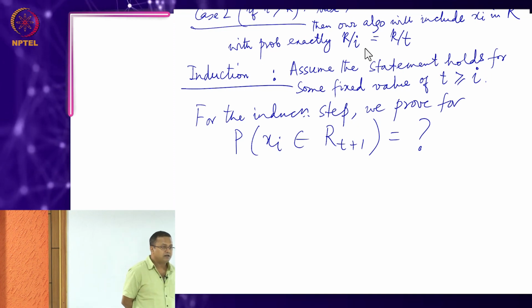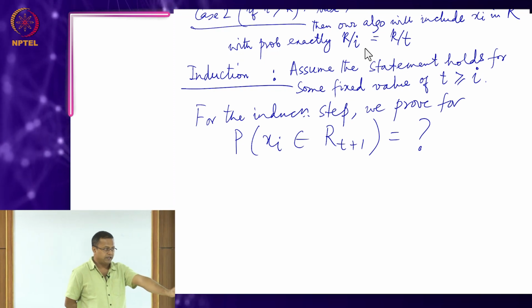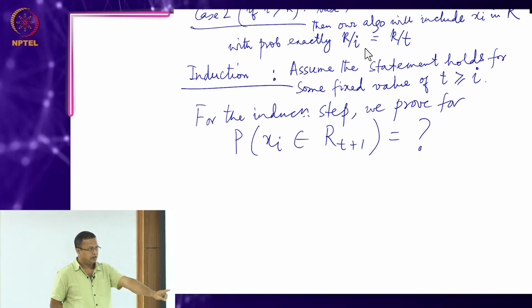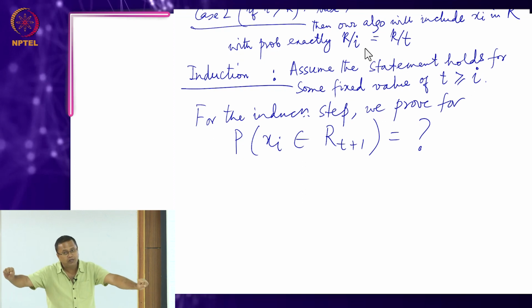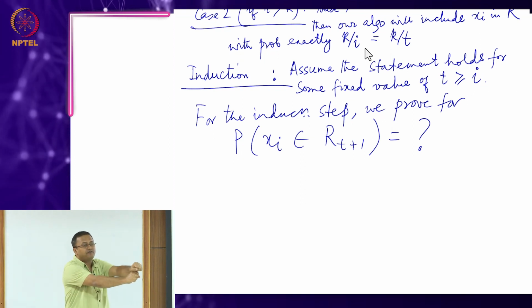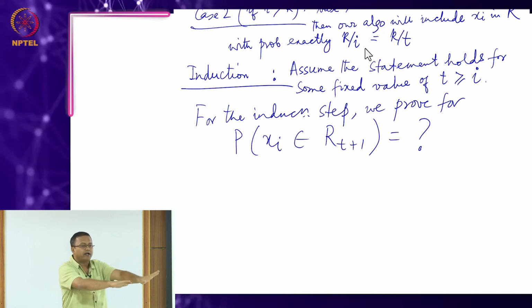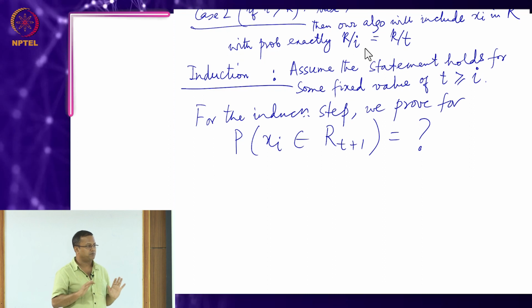Xi was there in the reservoir. So, that means xi belongs to R t and the new element, the t plus 1th element, must not have replaced it. So, I now get into the realms of conditional probability.